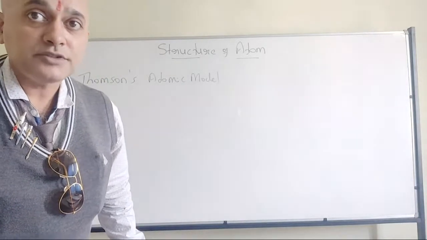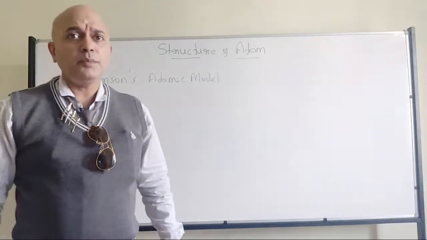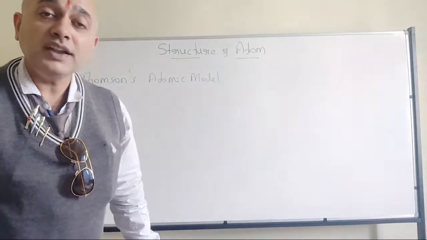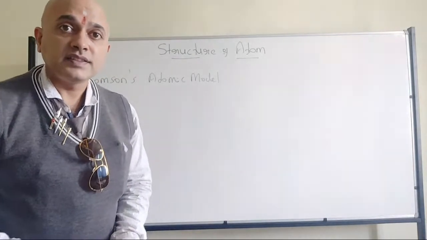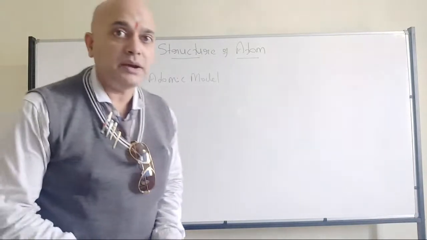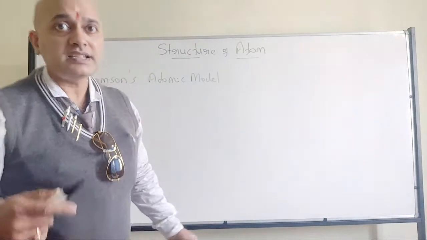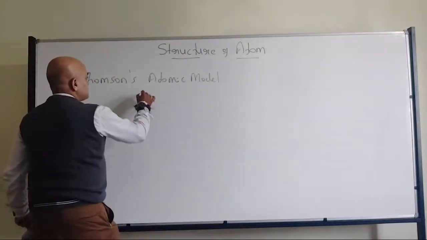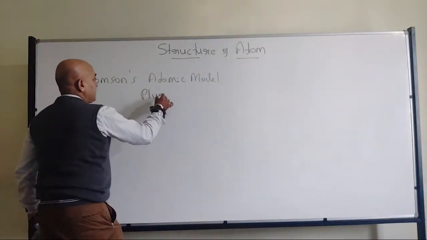Now when it comes to J. J. Thomson's atomic model, it is also called the plum pudding model, not plump. Sneha, I think in urgency you typed it.